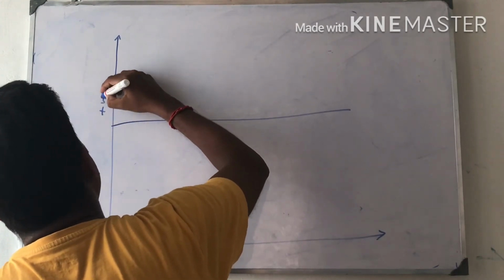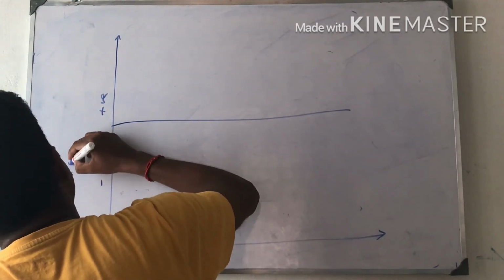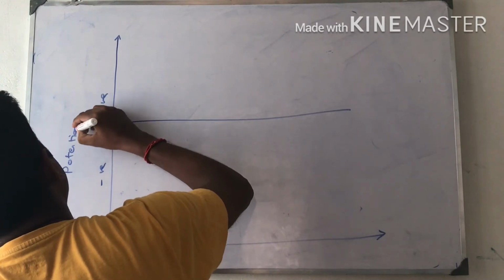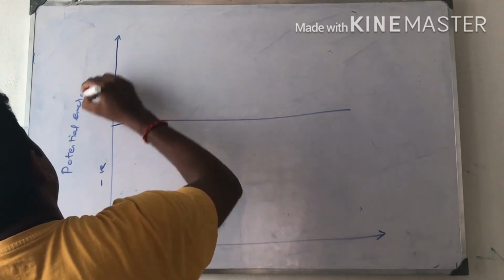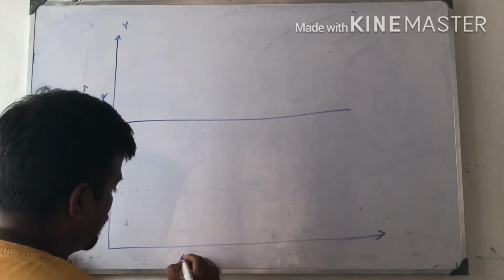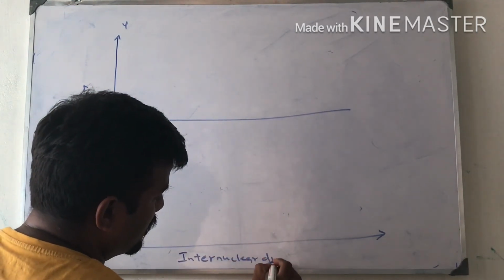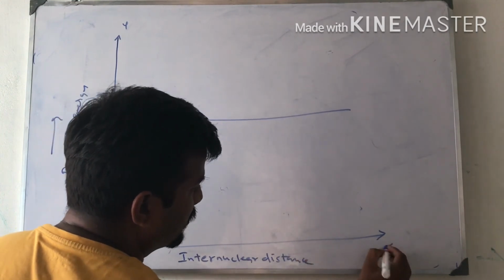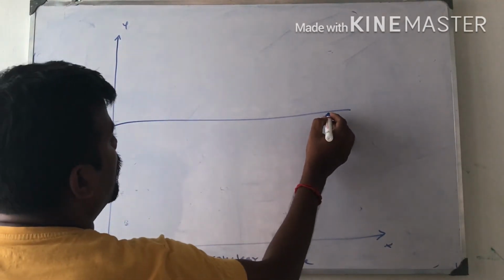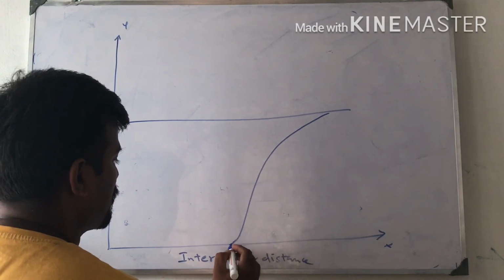This is positive, this is negative. Potential energy in the y-axis, internuclear distance in the x-axis. I am going to draw the curve.